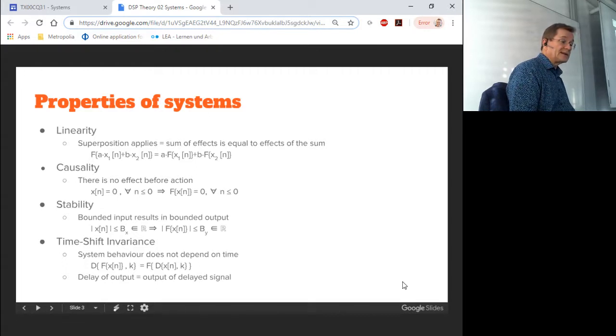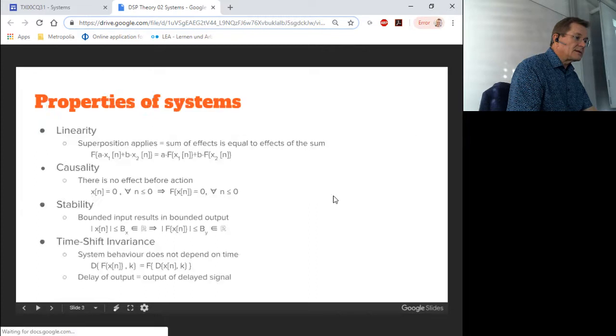For example, a system can be nonlinear and still be a good system. Same goes with causality, stability, and time shift invariance. So this is not a list of good and bad. This is just a list of properties without any further emotional feeling.